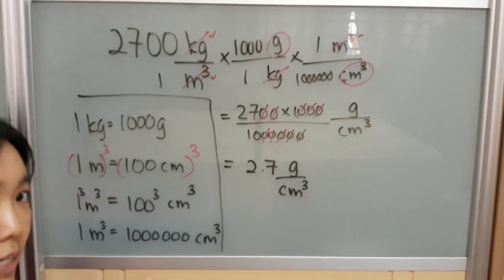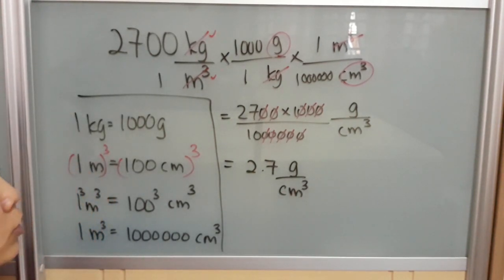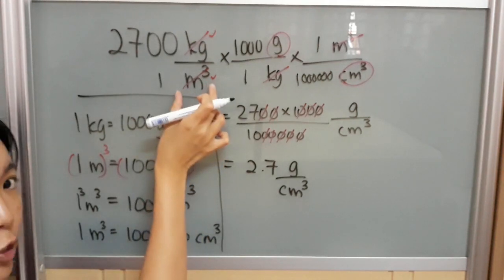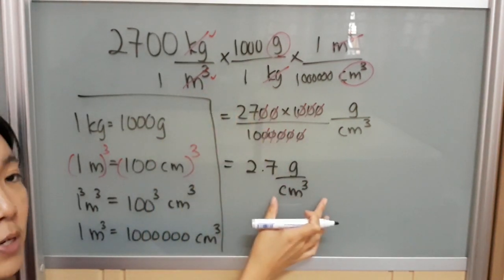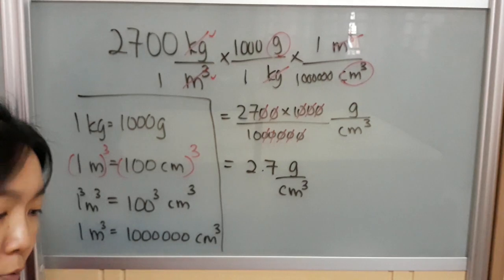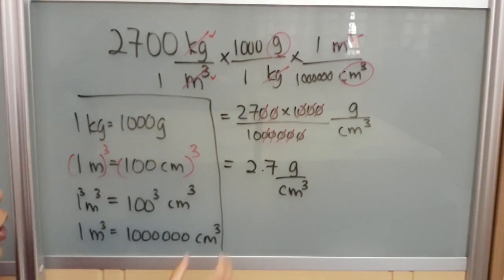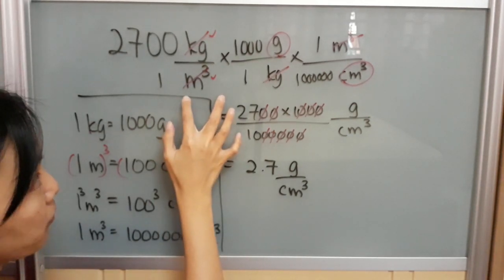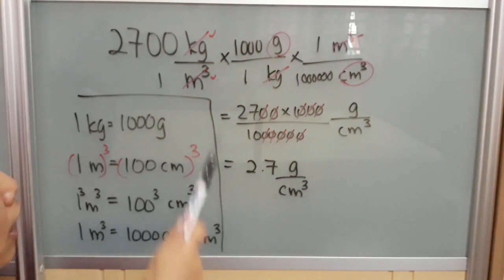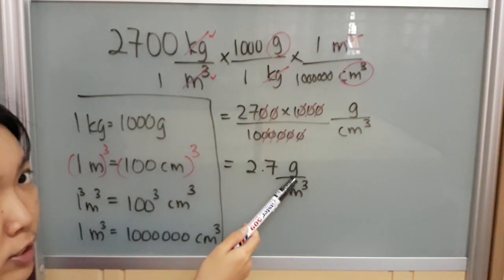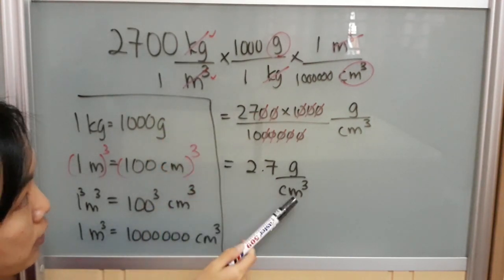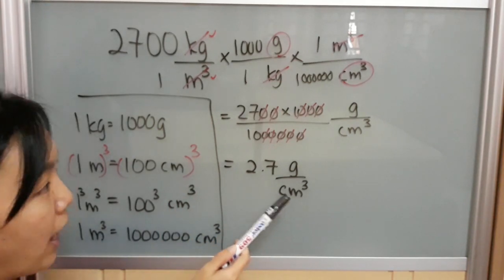So this is a very standard way for you to convert this unit, kg per m cube, to gram per cm cube. I repeat one more time. The first thing, when we look at a question, you have to check, oh, I'm going to change this unit because they are not the same. I'm going to change this unit because they are not the same too. How?